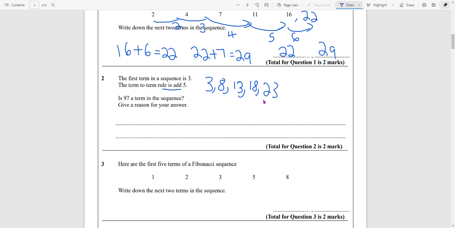So as we can see, just from this pattern, all the terms in the sequence end in either 3 or 8.